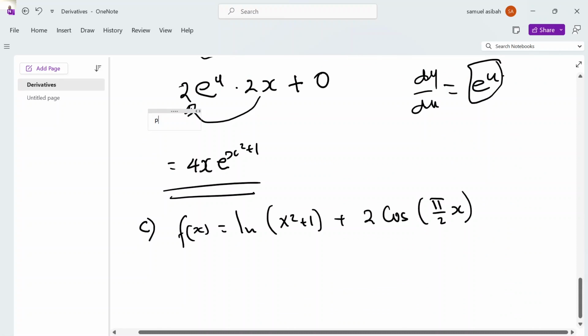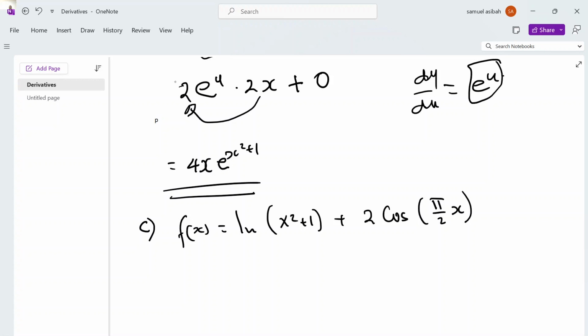Okay, let's look at another example of the chain rule. Now that we have our experience up there, it can be easier for us to get the derivative of this one. This one is a composite function already.